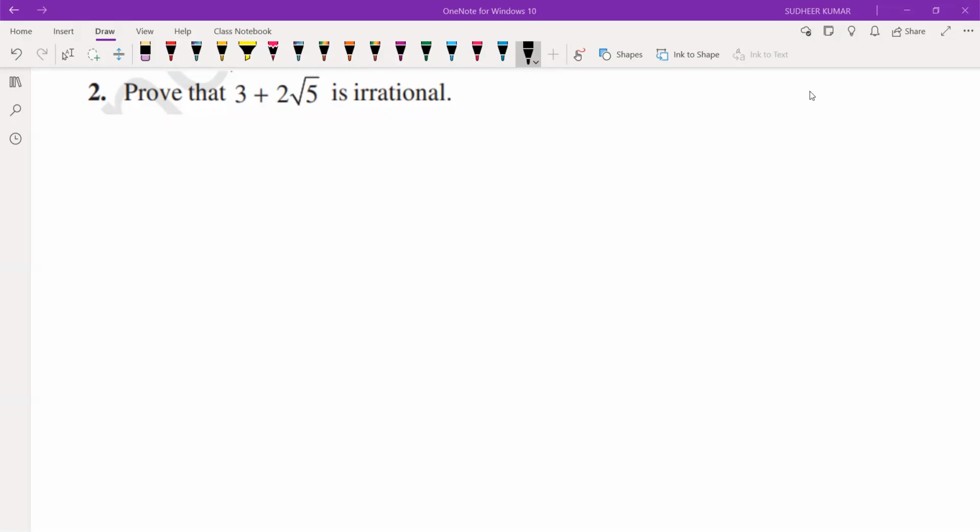Or else, in the question paper, if you find: if root 5 is an irrational number, then prove that 3 plus 2 root 5 is irrational.